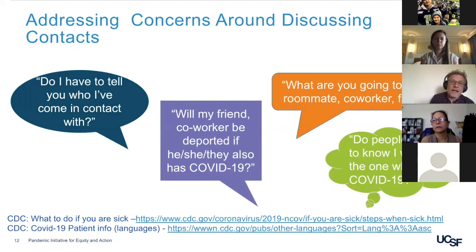What are you going to tell my roommate, coworker, friend? So I think this is an important point to emphasize, but we don't routinely reveal the name of the index case, the individual who has COVID, to the contact. We just alert them to the fact that, hey, we've been informed that you've been in close proximity with somebody else who has COVID, and that's why we're reaching out to you.